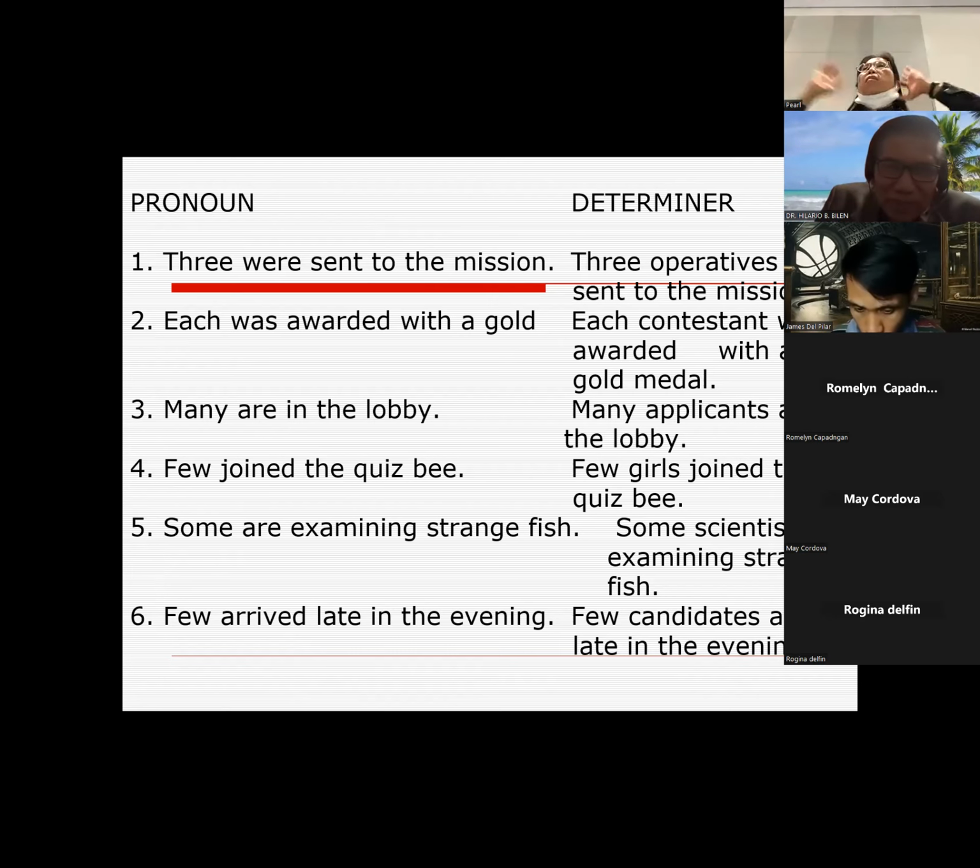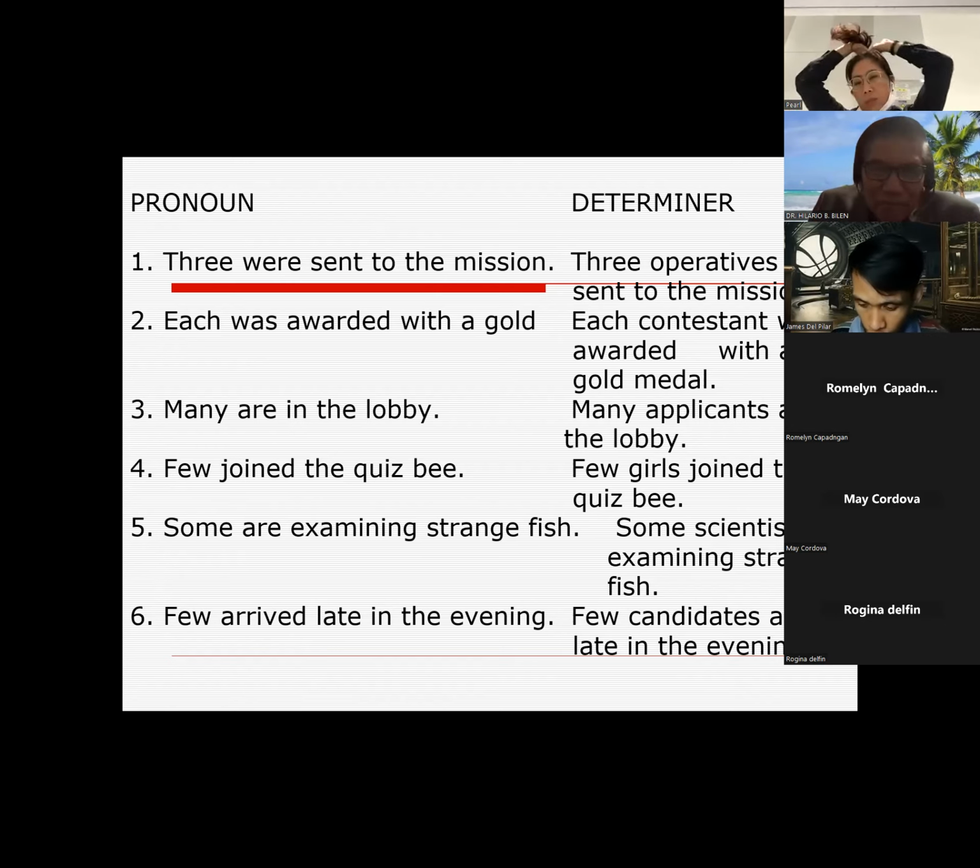The most important thing is this: English is not our first language. You know, the problem is this. Filipinos are too boastful in speaking in English, and yet, when you listen to their words, it is not good.